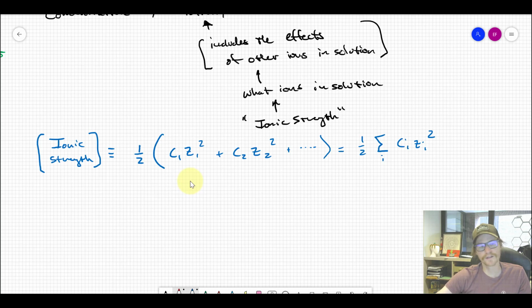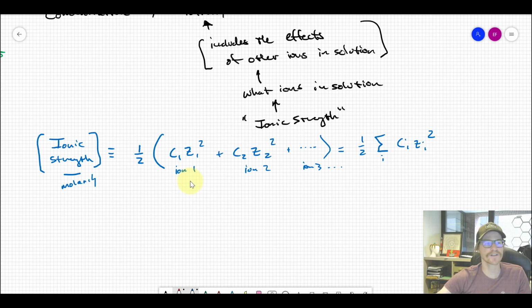You're computing the ionic strength, and this is going to be in units of molarity. You are taking its concentration in moles per liter times its charge squared, and then adding all those up. So this would be ion 1, ion 2, ion 3, etc., depending on how many ions you've got in solution that are fully dissolved.